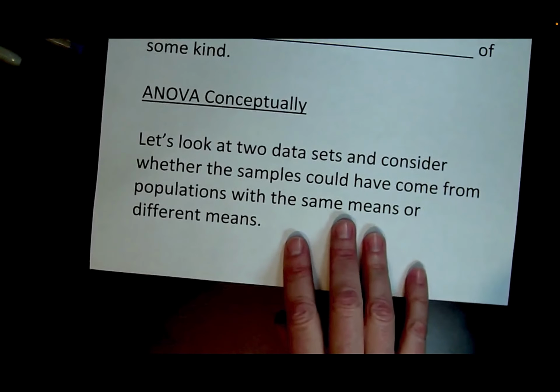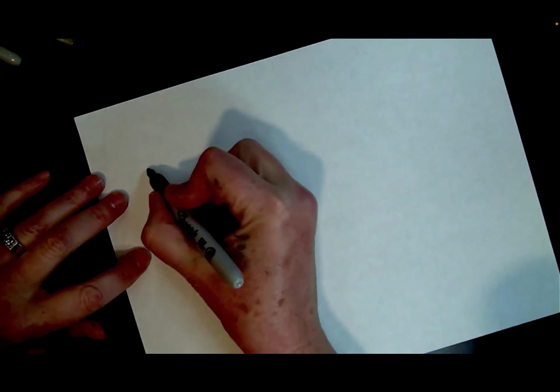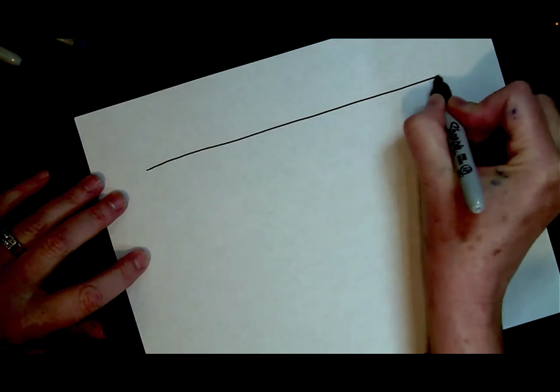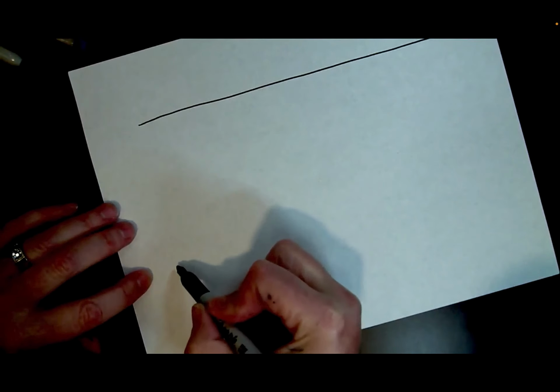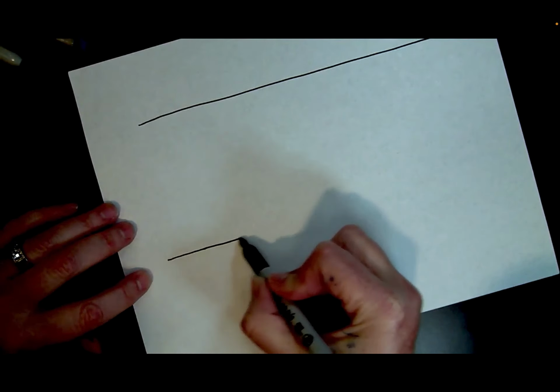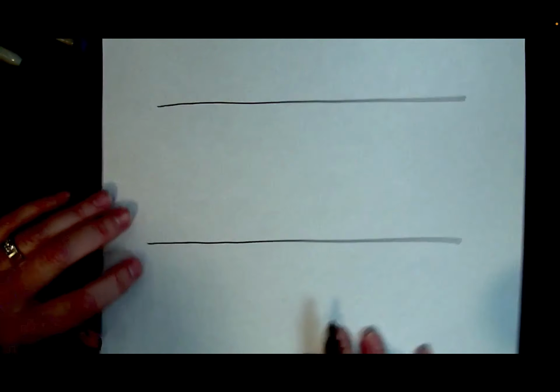I didn't have room for that, so I'm going to go off to a separate piece of paper here, and I'm going to draw the number line in a neutral color. I guess I'll go with my black. So you've got 2 number lines, one to the right of the first data set and one to the right of the second data set.